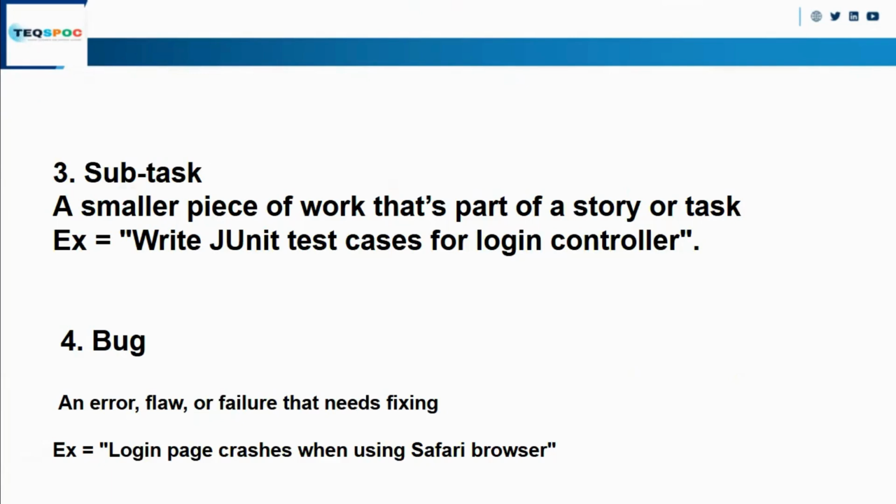These defects and failures we have to report to a developer. This defect is nothing but a bug, which will be reported to the developer or linked to the respective user story, and then the developer will work upon this bug.